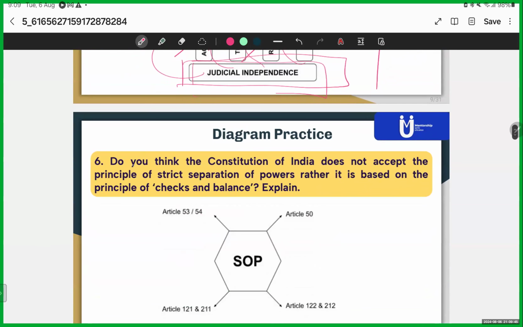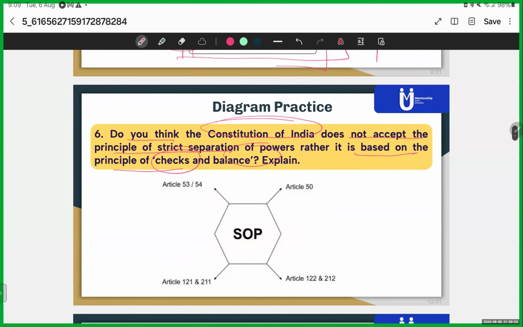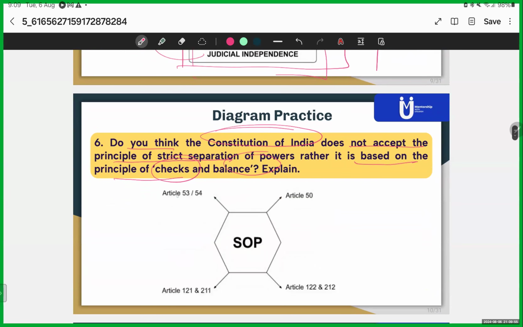Okay. Do you think the Constitution of India does not accept the principle of strict separation of powers? Rather, it is based on the principle of checks and balances. Now, if you don't know the features of separation of power, you can mention like this, article number and all. Now, you know that in these questions, these article numbers may not be of that use, but writing them and explaining a little bit about them might fetch you half a mark more.